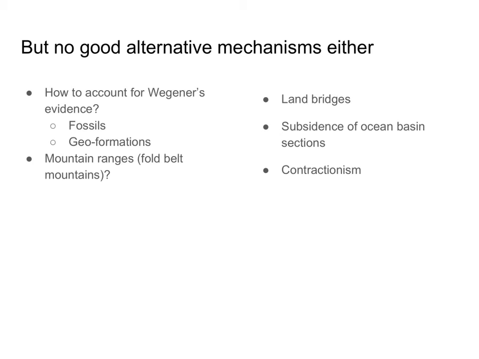Geologists at the time had no good way to explain the presence of mountain ranges like the Alps, the Rocky Mountains, and Appalachia. Through volcanic processes, you can explain one mountain, but it's hard to explain a mountain range that's clearly not volcanic.